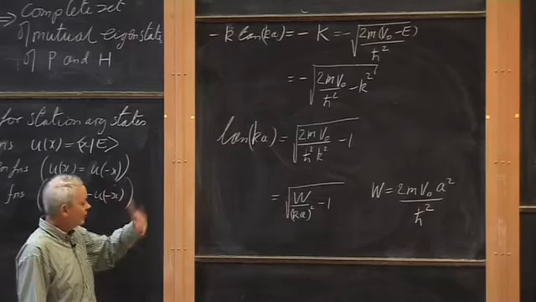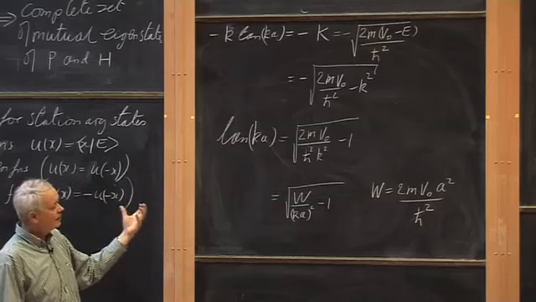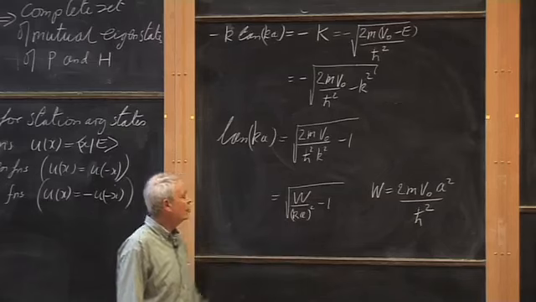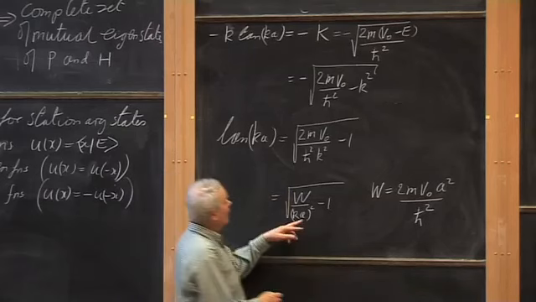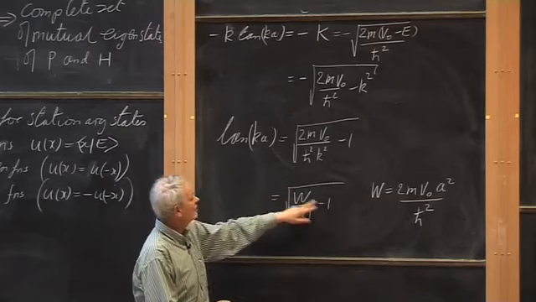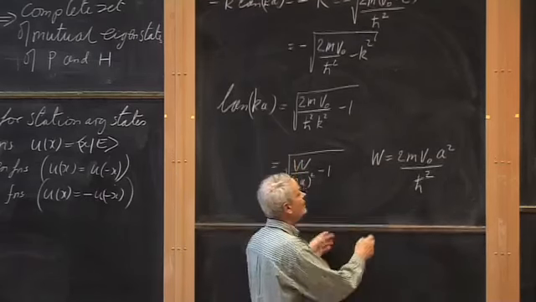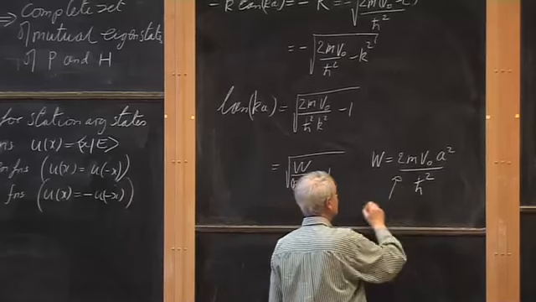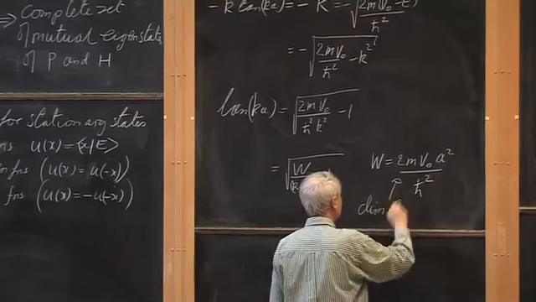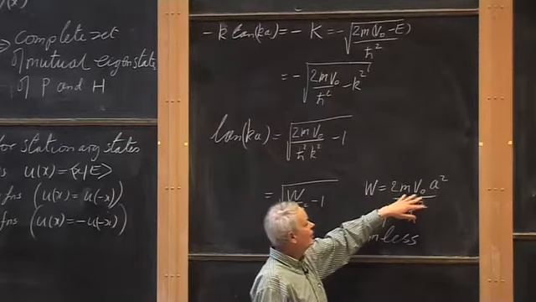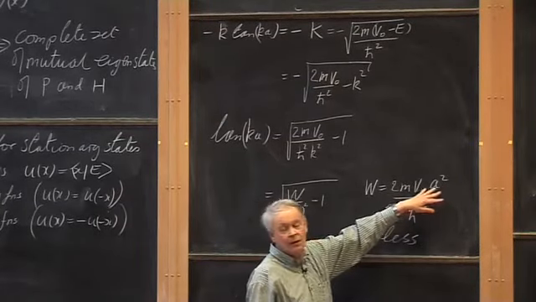The wave function was sine kx. The argument of sine must always be dimensionless. So this is dimensionless, that's obviously dimensionless, therefore this must be dimensionless. You can explicitly check that this is dimensionless. So the reason I've defined w is that this thing is dimensionless. It's a dimensionless measure of the depth and width of the potential well, right?